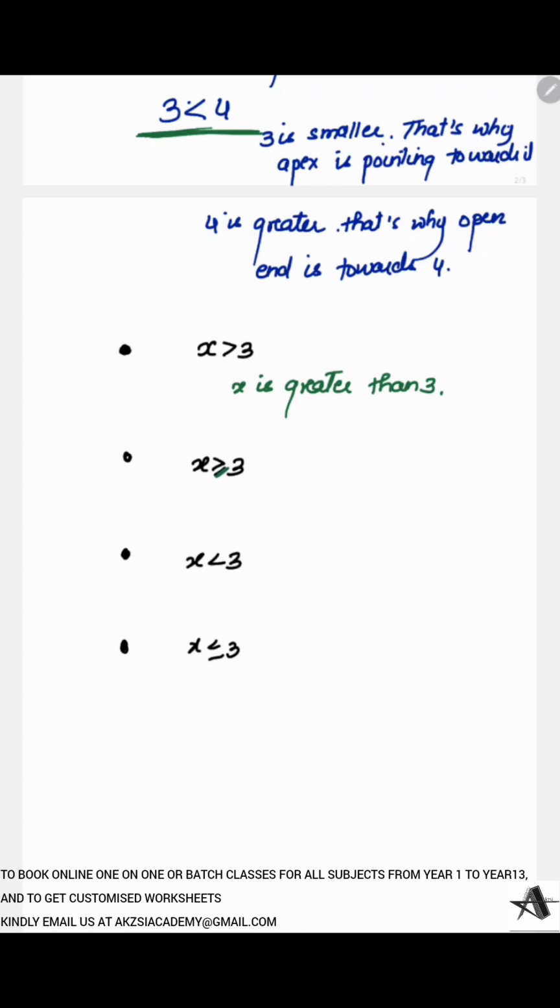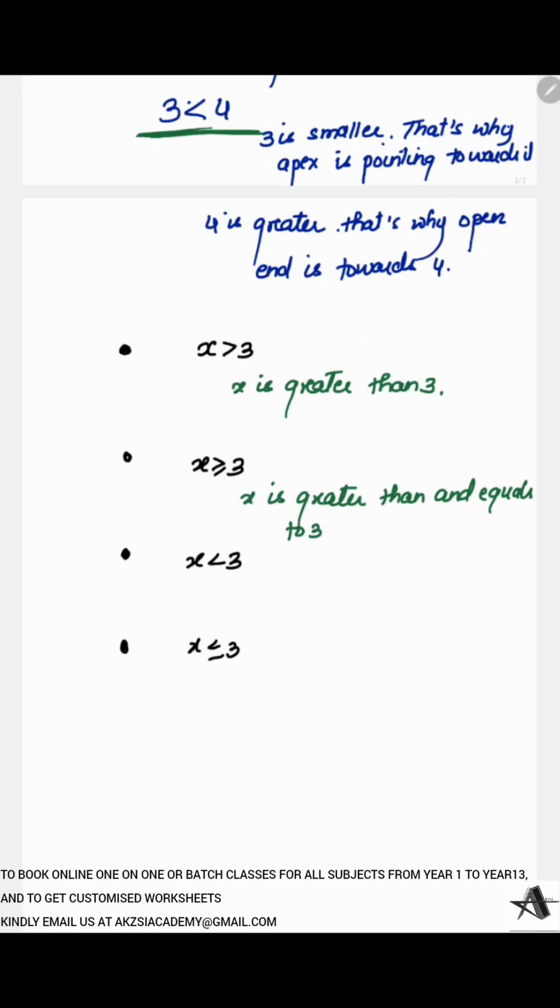This sign is actually greater than and equals to, but when you combine them together we can write it like this. It means that x is including 3 as well. When I represent it on a number line, you will get a better idea of what this means. But as of now, know that it is x is greater than or equal to 3, because it is including 3 as well.